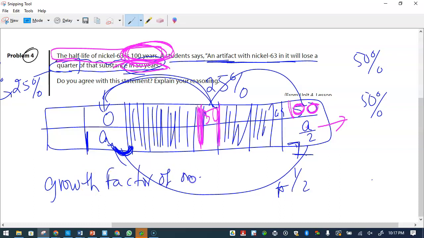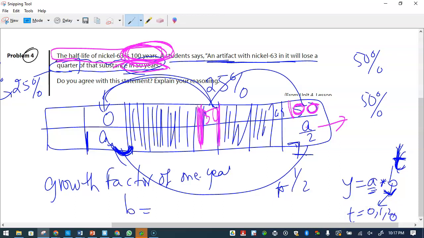So the growth factor for 1 year will be, and that's why I'm using B now, because remember the formula is A times B raised to t. In this formula, A is what you have in the beginning, and B is the growth or decay factor for t equals 0, 1, so the unit increases by 1, like that.